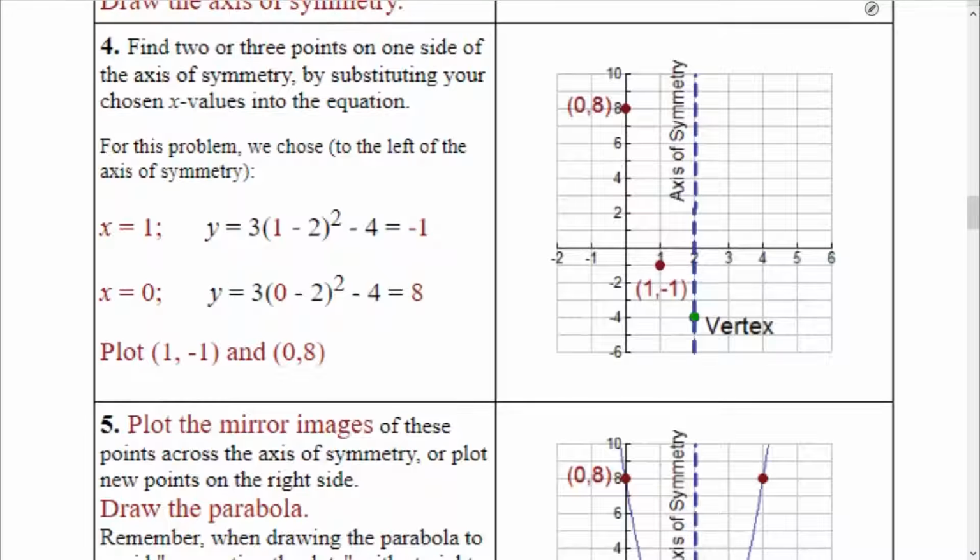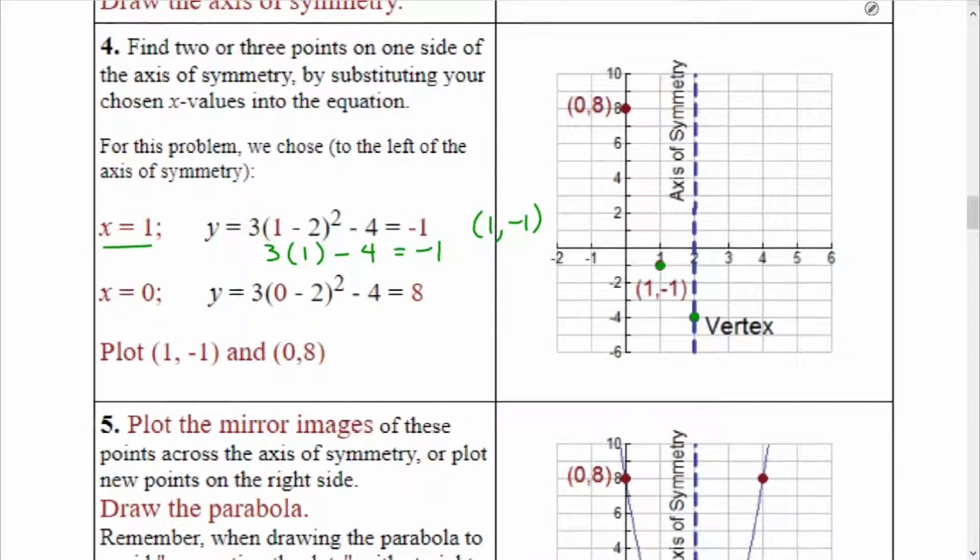So in this case, we've plugged in x equals 1 into my function. 1 minus 2 is -1. -1 squared is 1. So I get 3 times 1 minus 4, and 3 times 1 is 3, minus 4 is -1. So from plugging in 1, I get the point 1, -1, which is right here.